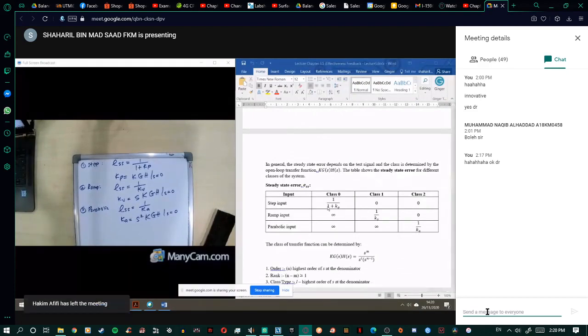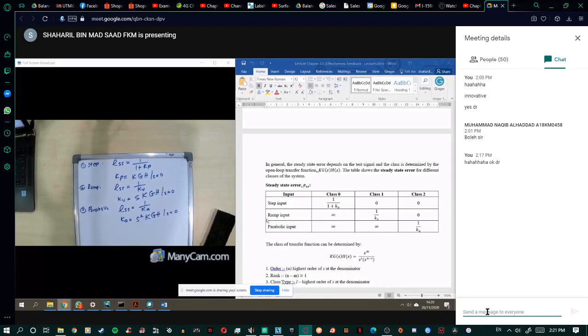The guideline means if you found that your system belongs to class 0, so when you apply the step input to your system, you will find that it has a steady state error, for class 0, 1/(1 + Kp).